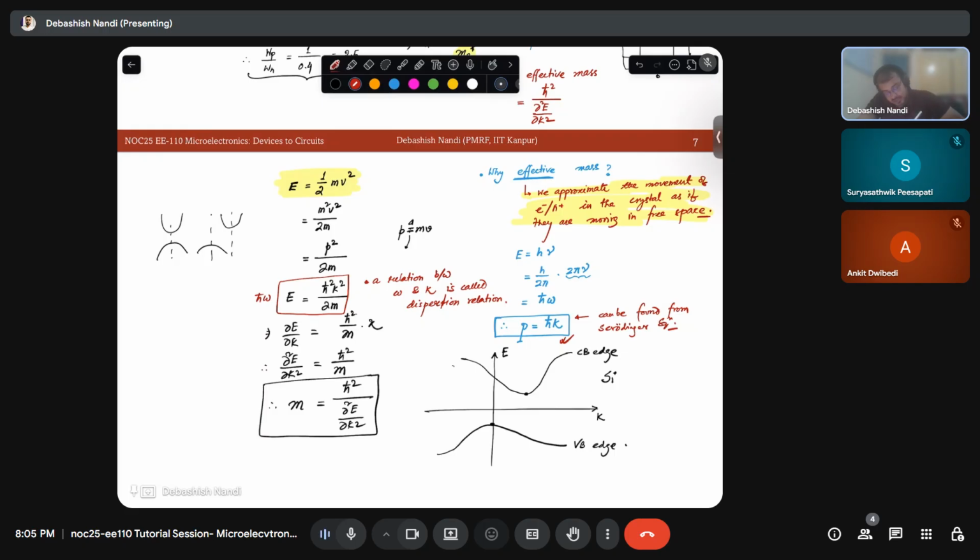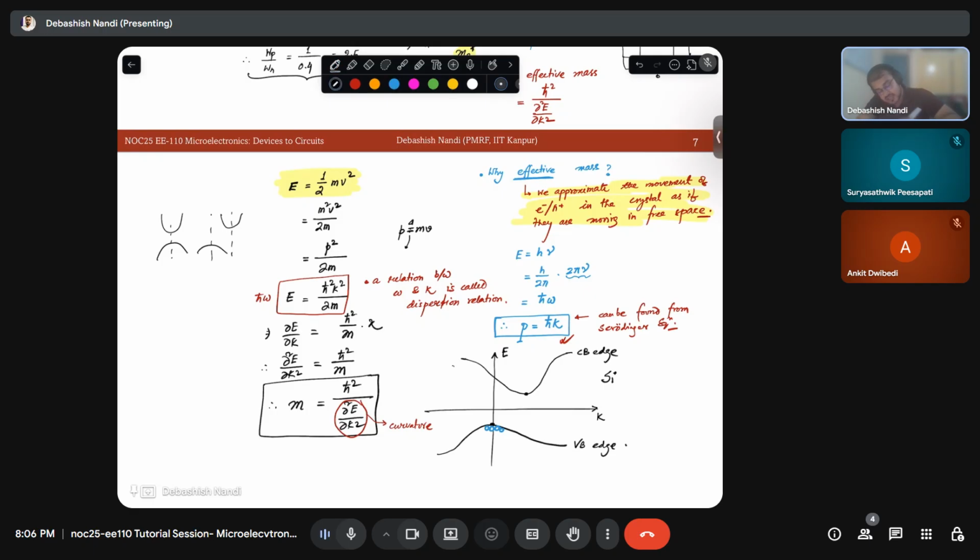And what is this d2E by dk2? This double derivative is called curvature, right? Where do the holes reside? Holes reside at this place because this is the lowest energy for the holes. Every particle likes to be at its lowest energy.